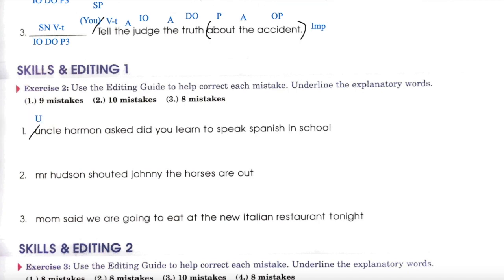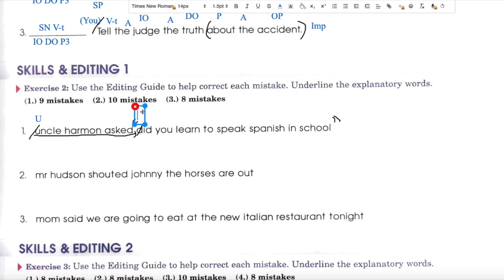Then let's underline our explanatory words, and put a comma after our explanatory words. Let's put quotation marks around our quote. Let's capitalize the first word of the quote. Let's put in our ending punctuation.